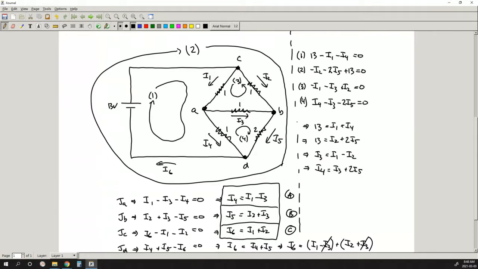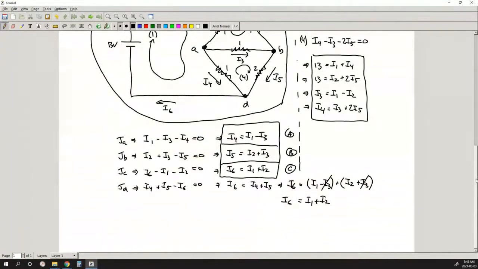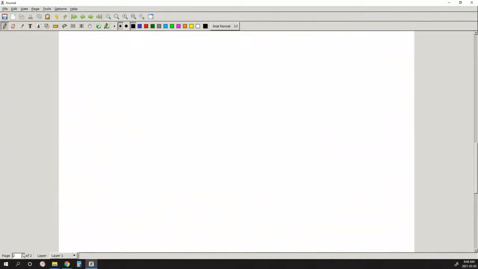And now, using these equations here and the 3 equations that we had before, we're going to want to try to solve for some of these variables, right? We want to solve for all these currents, really. So let's do that. I'm going to slide down here a little bit, and I guess I'll add a page.